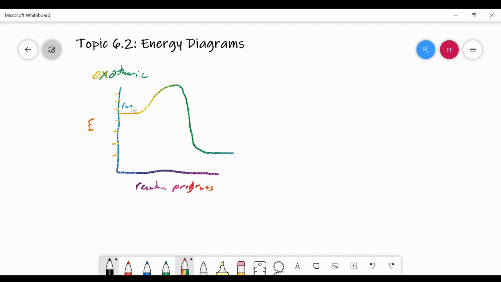So let's look at the different parts of this graph. These are our reactants, always on the left side of the graph. It's how much energy the reactants have stored. When they react, it's going to take a certain amount of energy to break the bonds in those reactants.